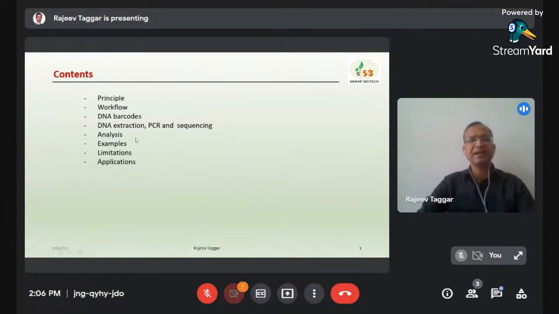But there's something which I haven't included in the content section because I built it up a bit later, and that is that DNA barcoding is meant for species identification, for plant identification, and finding out which species the plant belongs to. And that is very closely tied up with the concept of species. So what DNA barcoding can do and what it cannot do, both of these things are important.